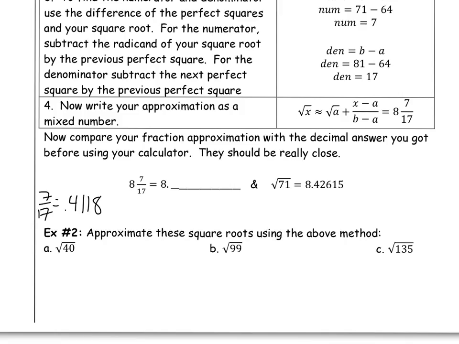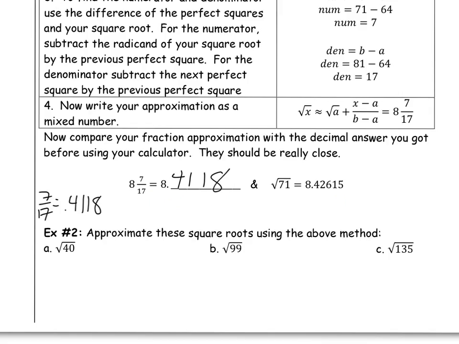So, okay. Well, now all I have to do is, I know that it's 8 and 7/17. So if 7/17 is 0.4118, I'm just going to do 8 plus 0.4118, which is 8.4118.